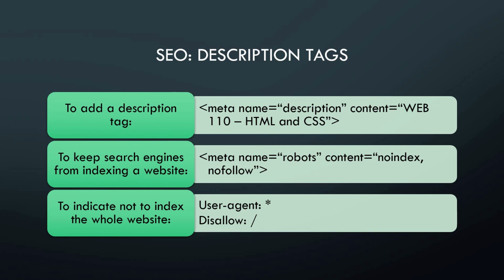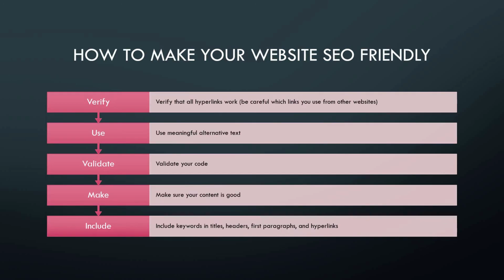So here we have content, noindex, nofollow. To indicate not to index the whole website, you can also create this disallow, which will prevent the whole website from being indexed.